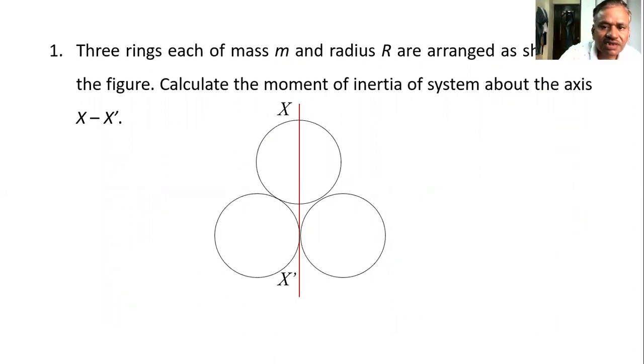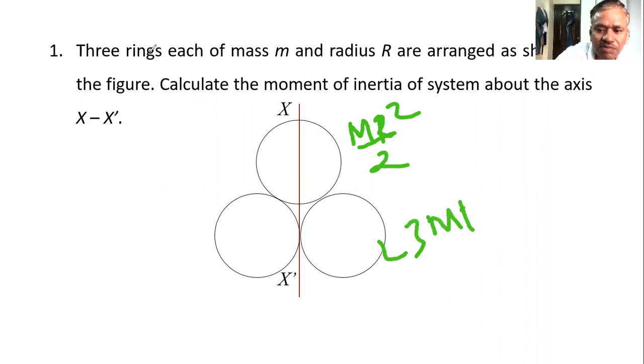For this ring it is mr square divided by 2. For this it is 3 mr square divided by 2. Even for this also, it is 3 by 2 mr square. Okay, next. Now I'm writing the formula for this.